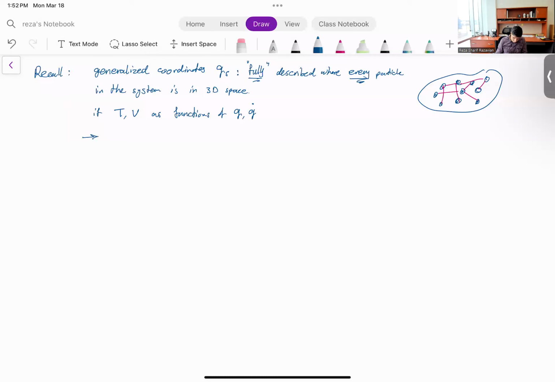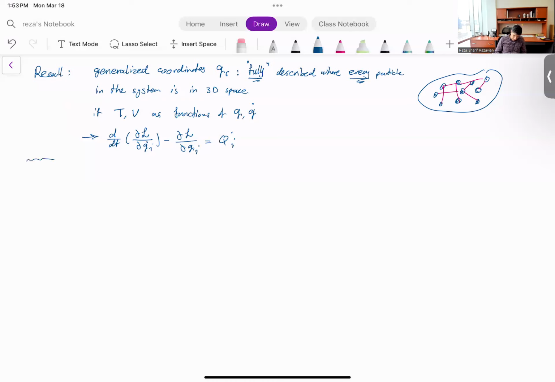We could use d over dt of partial L partial q dot i minus partial L partial q i equals zero, for each q i. And this was how we constructed the equations of motion for this system. So for each generalized coordinate, we had one equation.